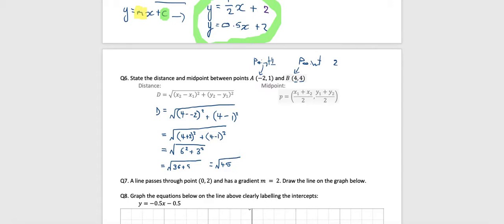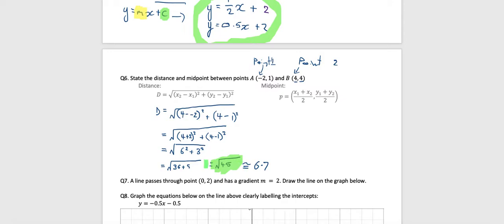Now you could, if you wanted to, put this in your calculator and say root 45, what does that equal? Well, it equals roughly 6.7.